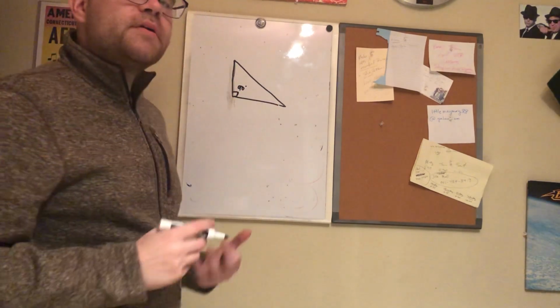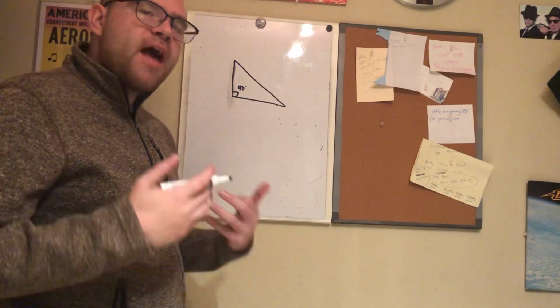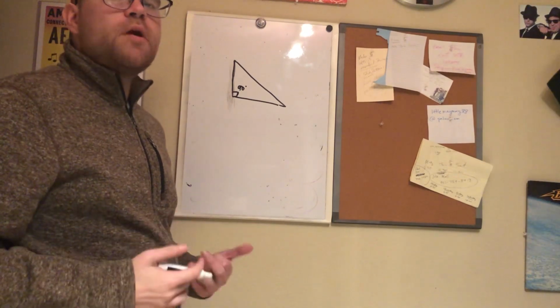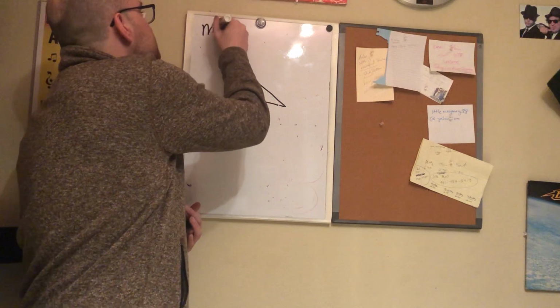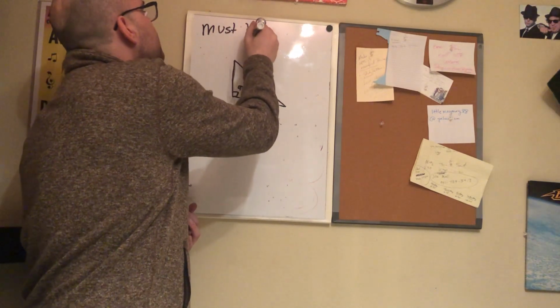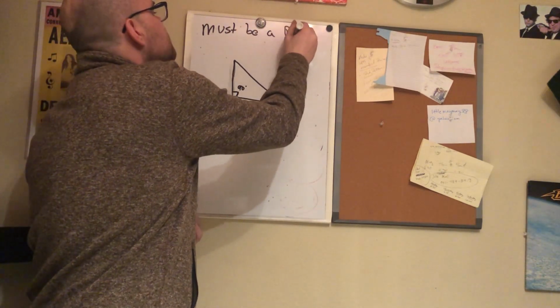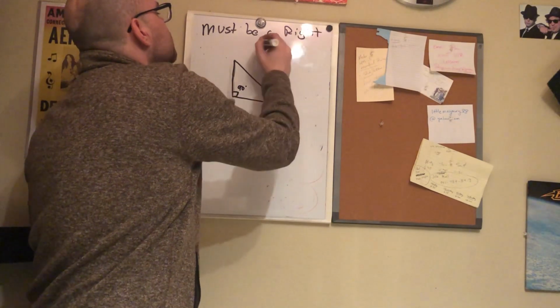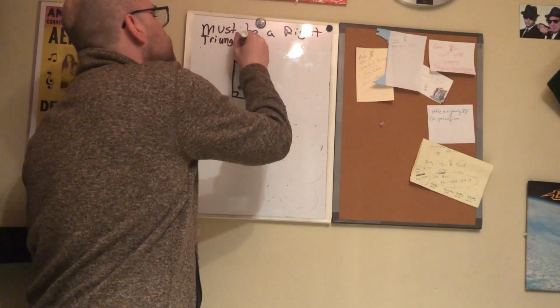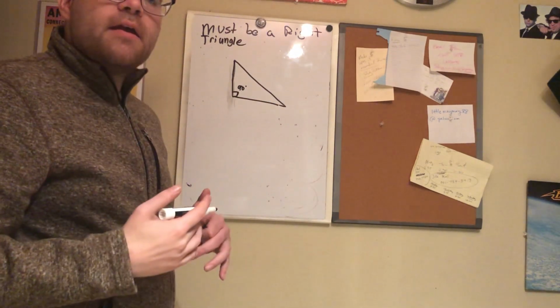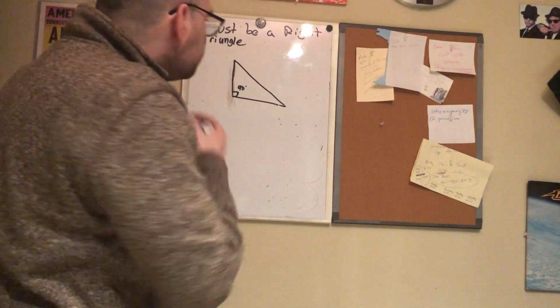And this is important because we cannot apply Pythagorean theorem to a triangle that is not a right triangle. So it must be a right triangle. Very important. This will not work unless we are doing a right triangle.